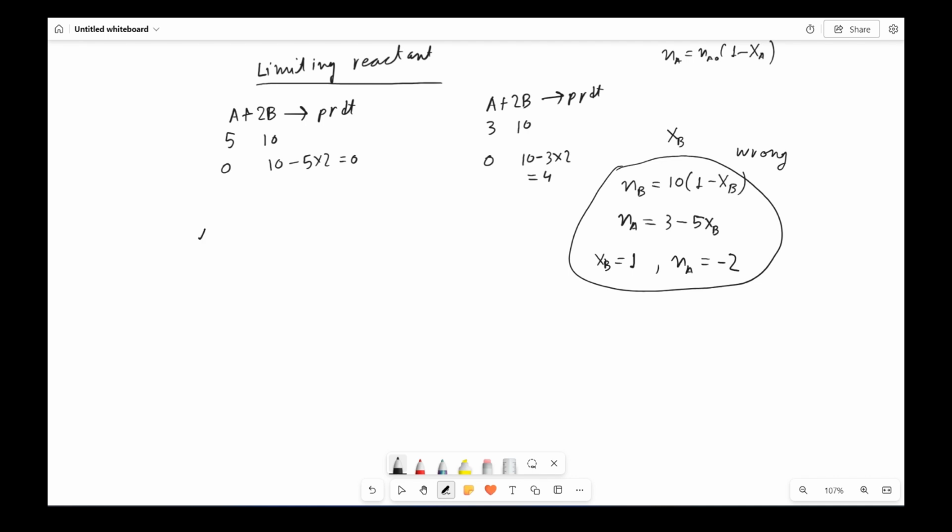Suppose alpha 1 A1 plus alpha 2 A2, or better to write in more standard notation, mu 1 A1 plus mu 2 A2 plus mu 3 A3. Suppose many reacting species are there, and this gives product.